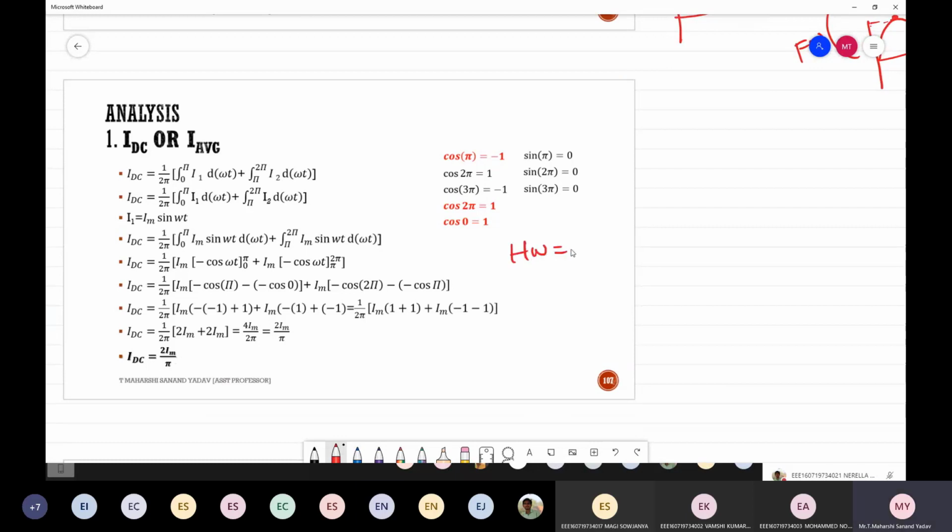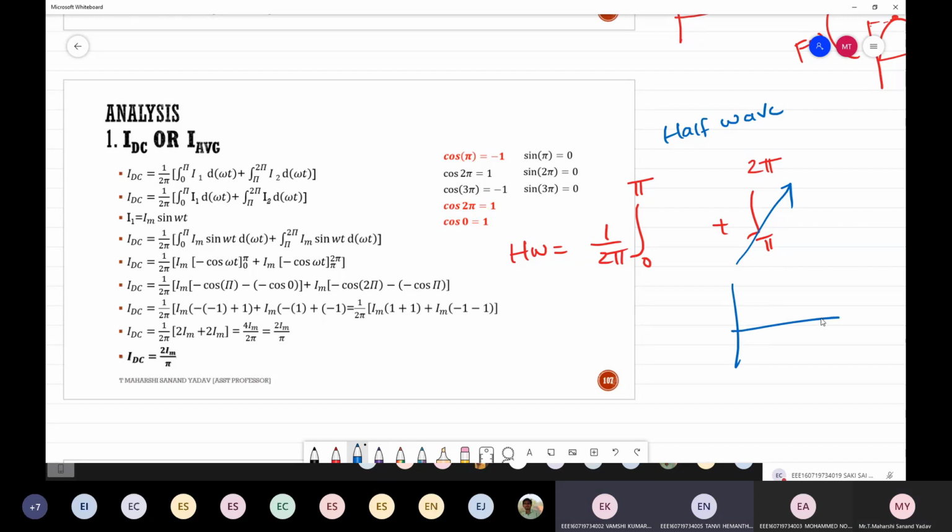In the half-wave rectifier, the limits are from 0 to pi plus pi to 2 pi, right? Here, which one is getting cancelled? In half-wave, this second one, pi to 2 pi, is getting cancelled. Why? Because I'm not getting the negative half cycle. That's it.